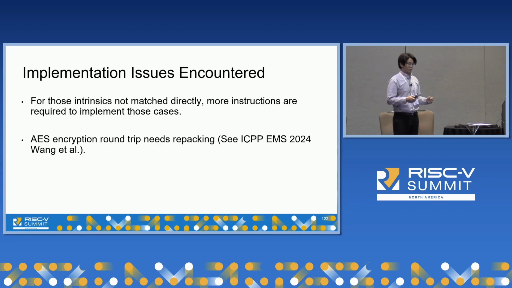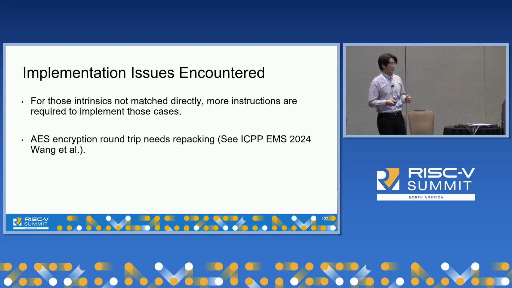During the implementation of these intrinsics, we encountered some issues. The first is that if a Neon intrinsic does not have a direct match in RISC-V vector, we need lots of instructions to complete it and incur a lot of overhead.